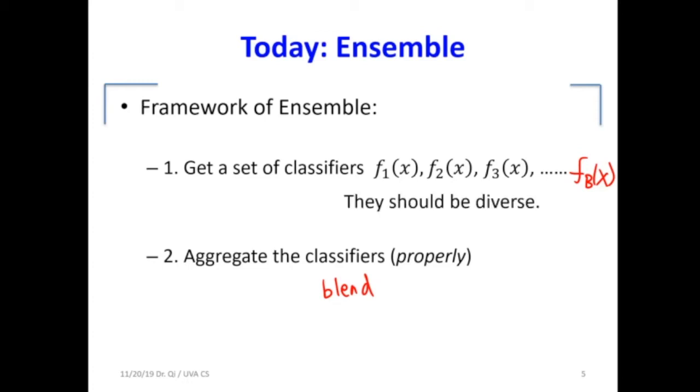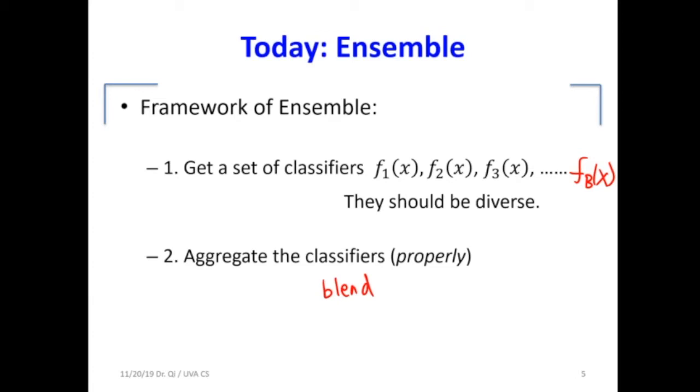One important property of ensemble models is that each of the base classifiers or base predictors should be diverse and very different from each other. If they are too similar, it doesn't make sense to have multiple committee members vote together, because they always have similar votes.